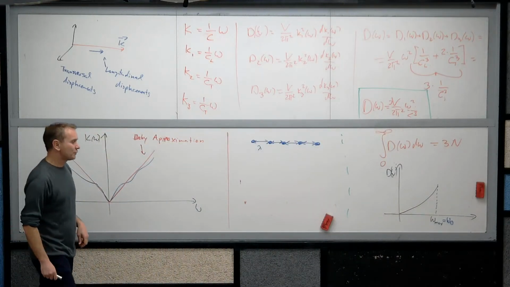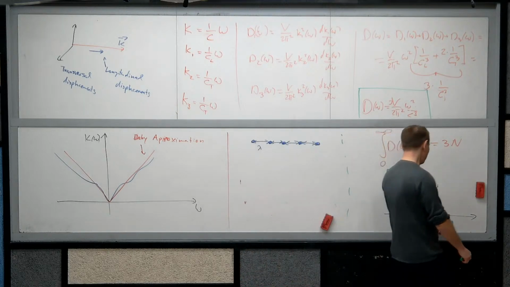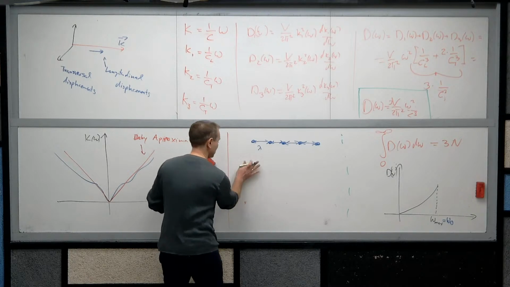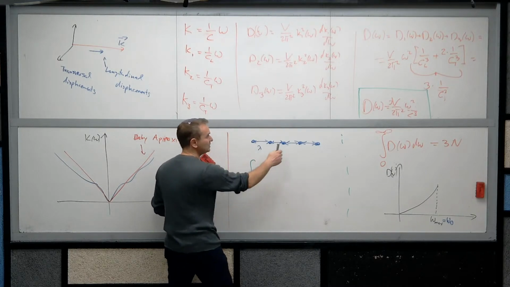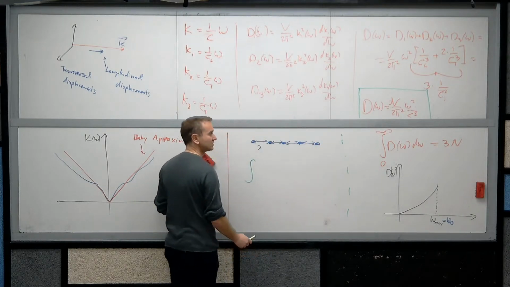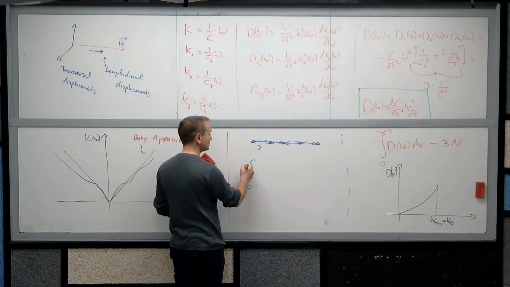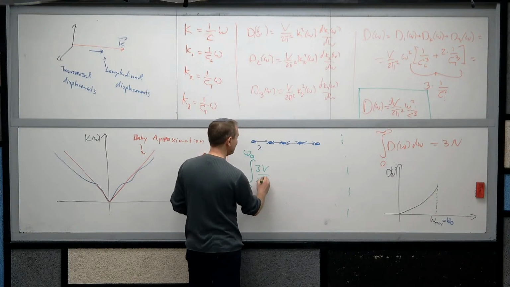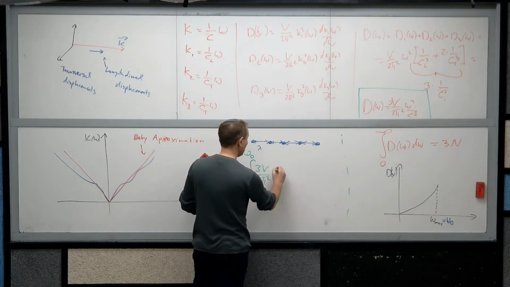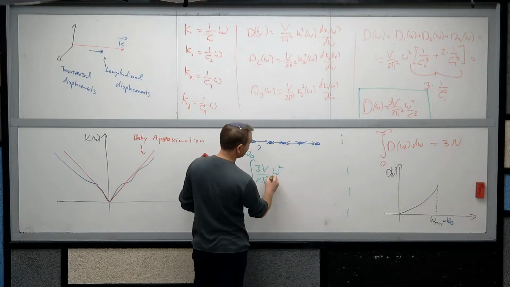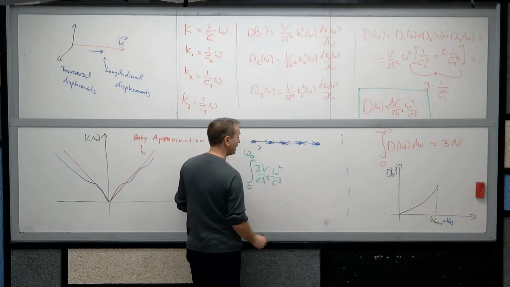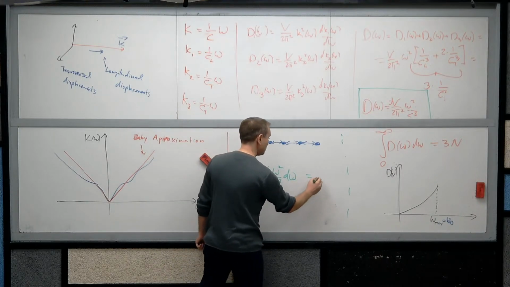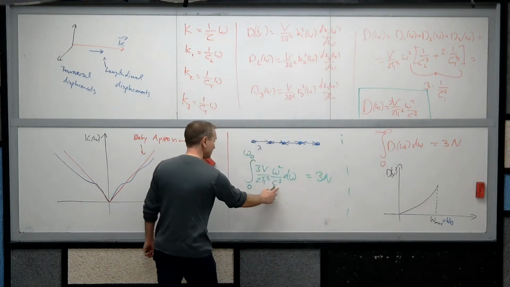Okay, so first of all, let's calculate this omega Debye. How do we calculate omega Debye? We just compute this integral over here. So an integral from 0 to omega Debye of 3V divided by 2 pi squared, omega to the second power, divided by c to the third power, d omega, equals 3N. Okay. So let's solve this integral.